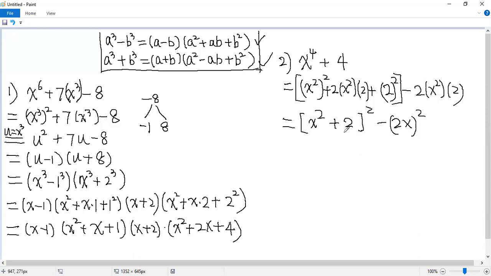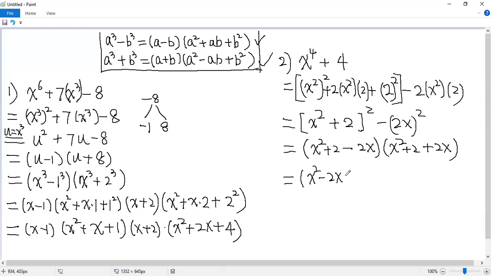Now we can apply the difference of squares, a squared minus b squared, so equals (a minus b)(a plus b). We can rewrite it to (x squared minus 2x plus 2)(x squared plus 2x plus 2).